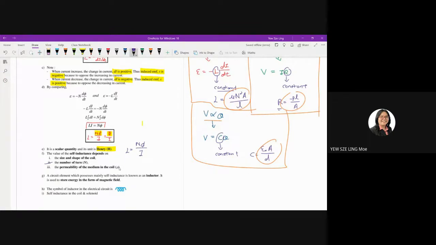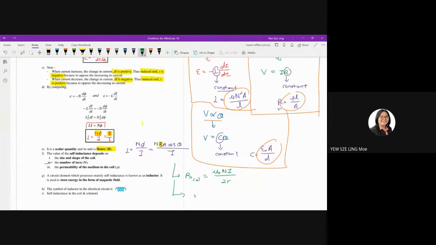And then mu naught, where is it coming from? It's coming from your B. Because L equals N flux over I, and at the same time it equals N times flux, which is BA cos theta, over I. What happens next depends on B, on whether you're looking at the coil or the solenoid. For the coil, remember the B you learned in chapter 4: B coil is mu naught N I over 2R.